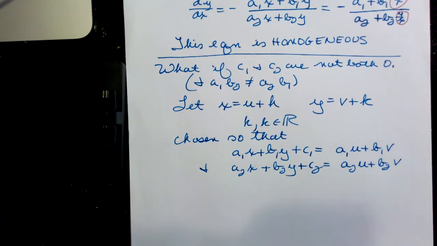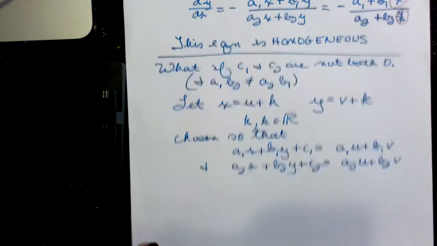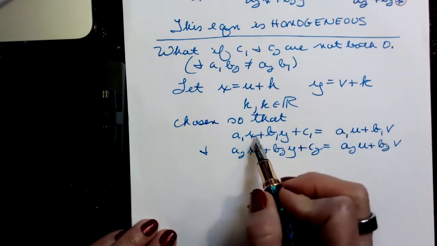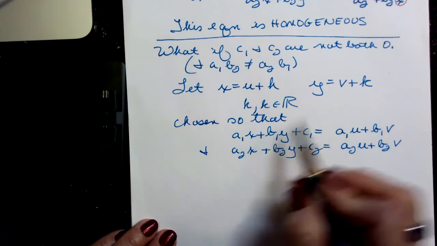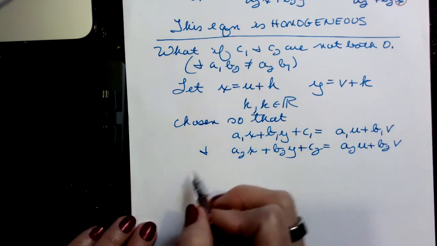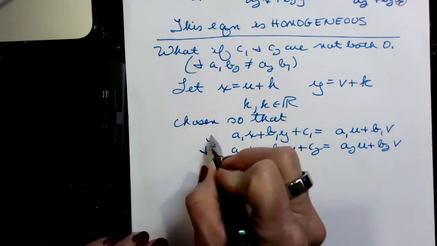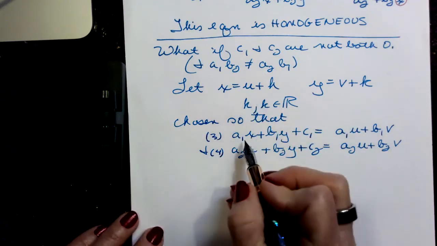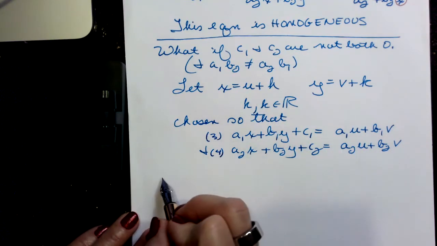Okay, so let's see what that says. I'm going to put in u plus h for x and v plus k for y. I had a 1 and a 2, so let me call this one 3 and this 4. I'm going to put u plus h and v plus k into 3.